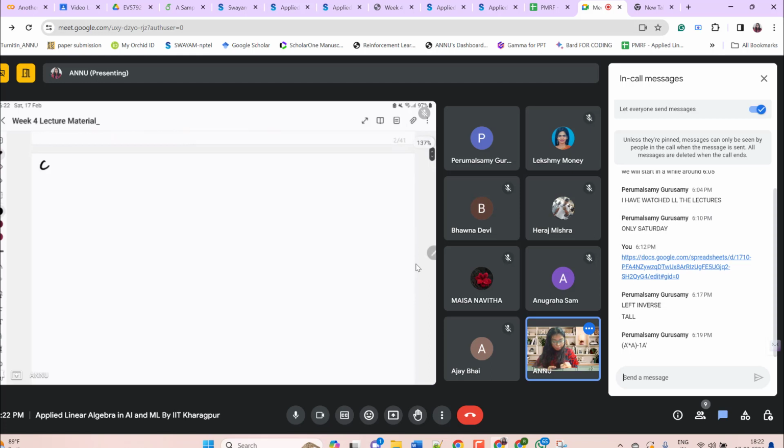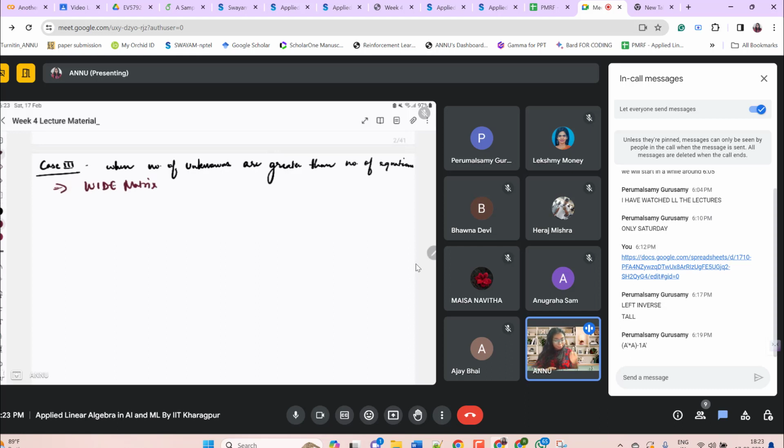So case 3: when the number of unknowns is greater than the number of equations. What type of matrix will exist here? This will be a wide matrix.